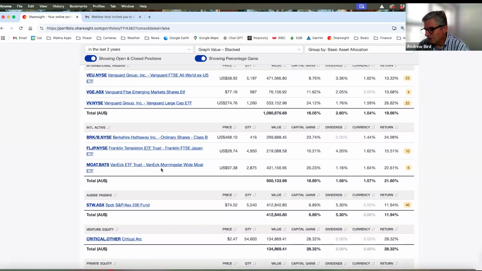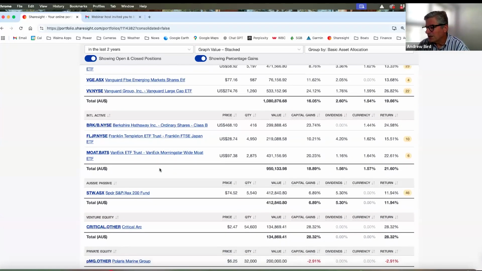Other things, just to very quickly go through what I've got. Moat, which is a Morningstar ETF, an active ETF of Morningstar's best research ideas. In this case I have the US listed one, but it's also listed in Australia, and you can buy it directly on the ASX.